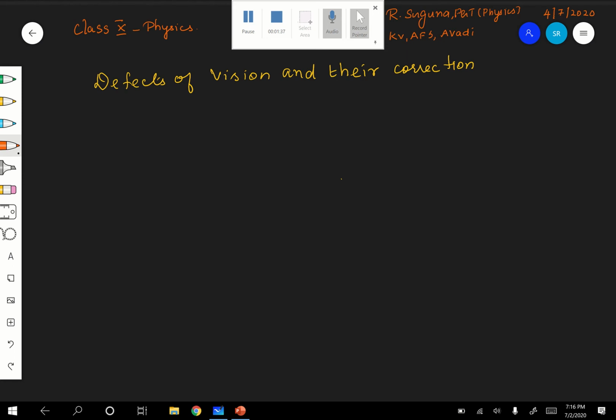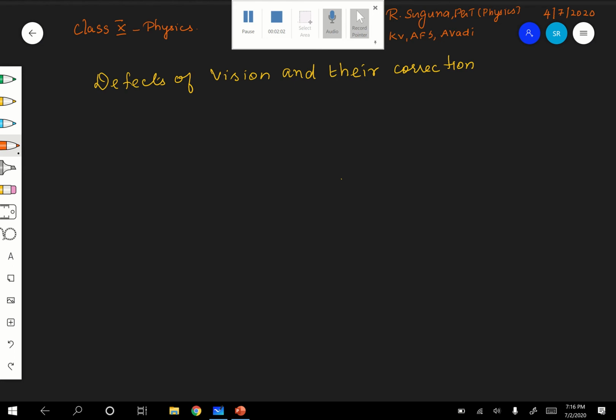Now, sometimes the eye loses its power of accommodation. Hence, the objects cannot be seen distinctly. It causes blurred vision.